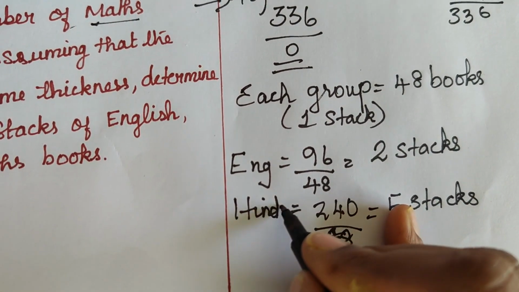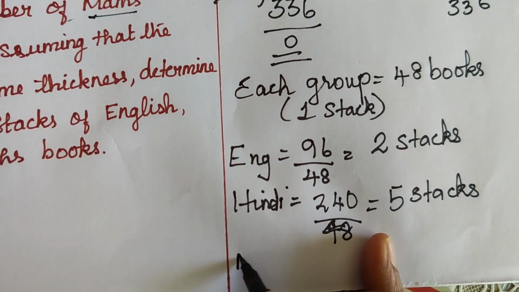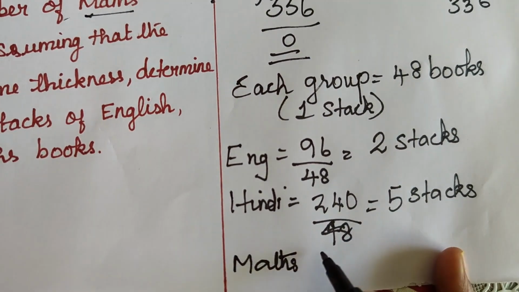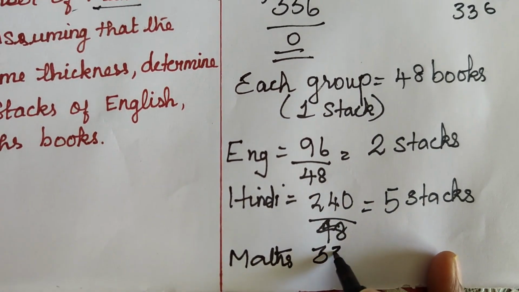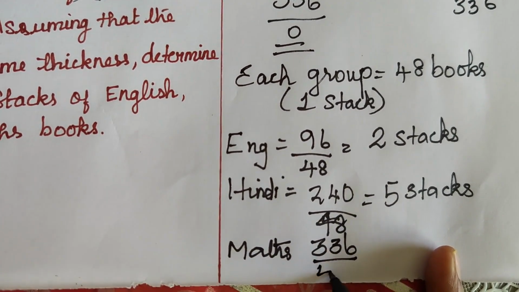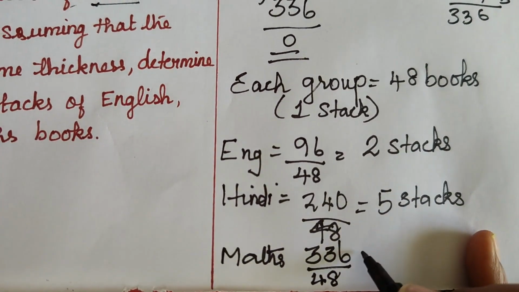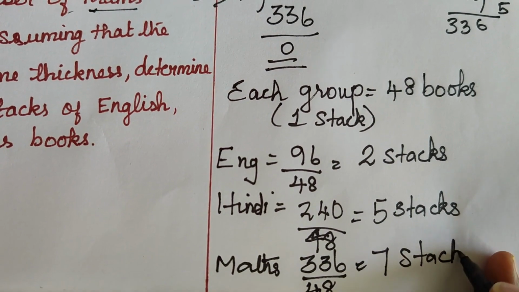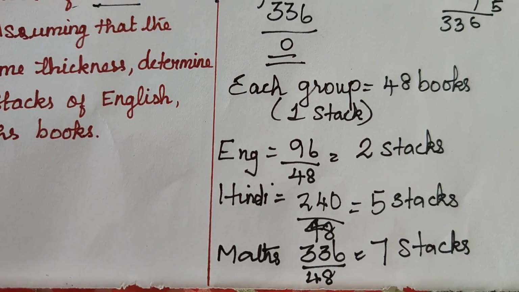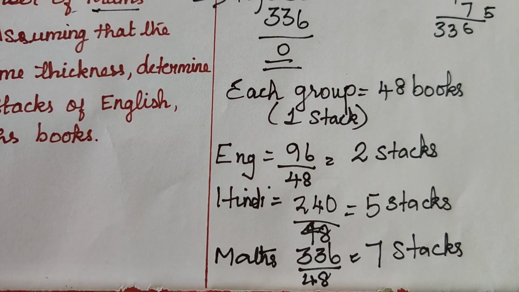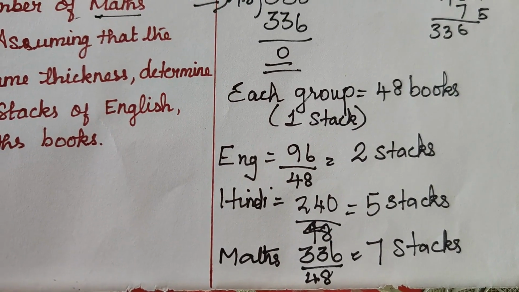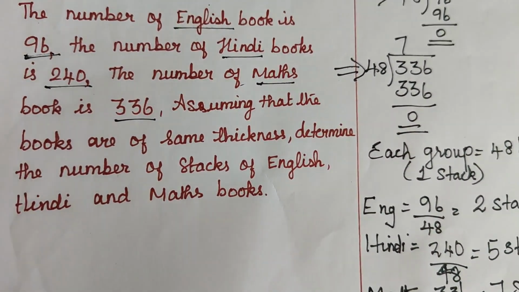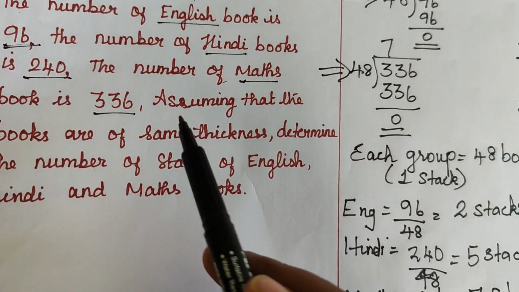Now Maths books. The total number of Maths books is 336 divided by 48, 7 stacks. So for Maths books, each stack contains 48 books and the total number of stacks is 7. So what is the question?